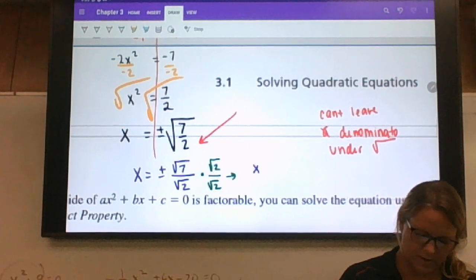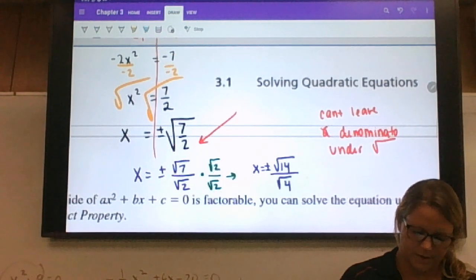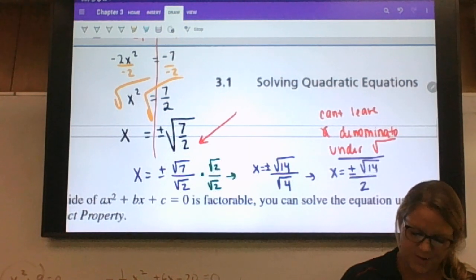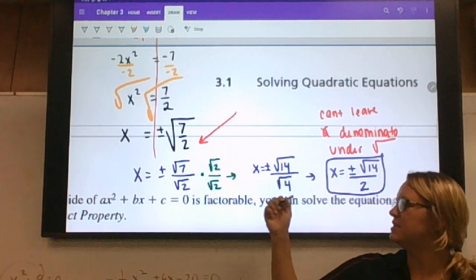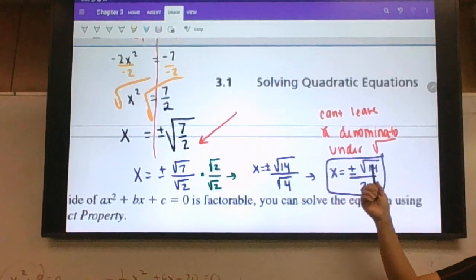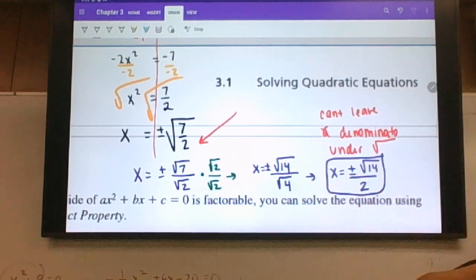So here I am at plus and minus. This is the square root of 14 over the square root of 4. So this is the square root of 14 all over 2. And mathematicians said, okay, this is better. I know how to divide something by 2. I can picture it. I can kind of understand that concept.